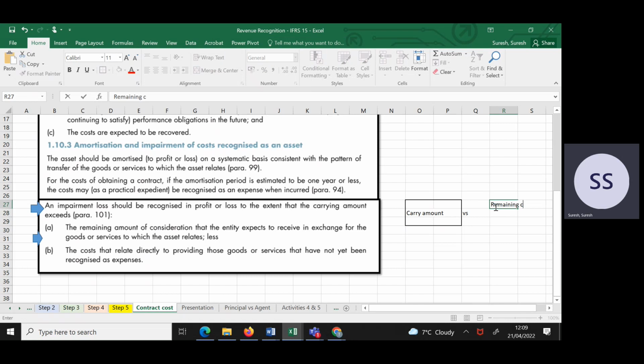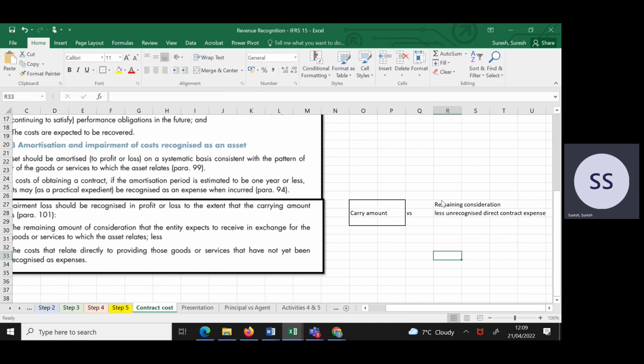The remaining consideration that you're expected to receive with regard to the transfer of the goods and services, less any unrecognized direct contract expense. Basically, if it is lower than this, this is how we would determine whether the asset that we have recognized will be impaired or not, right? This is what we try to find.